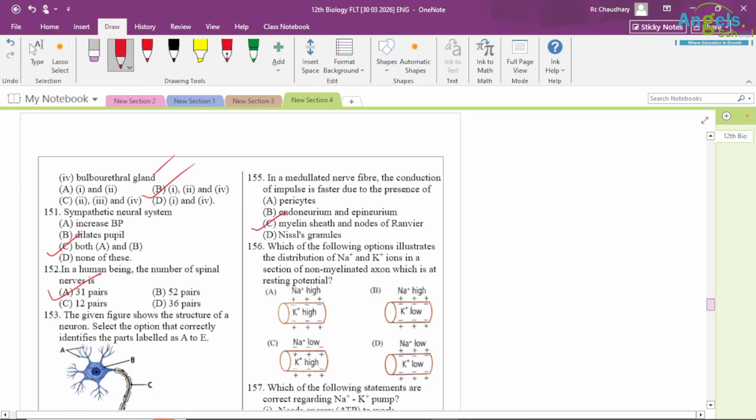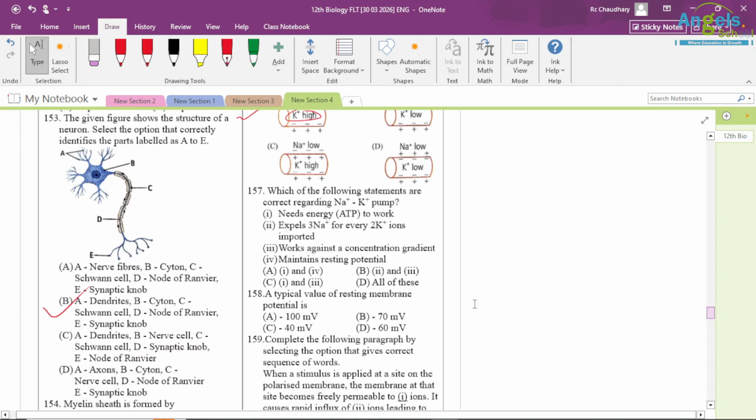Question number 156. Which of the following options illustrates the distribution of Na plus and K plus in a non-myelinated fiber during resting potential? In resting potential, Na plus is high outside and K plus is high inside. So A is the correct illustration. Question number 157.